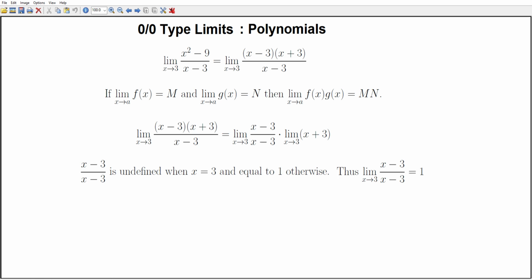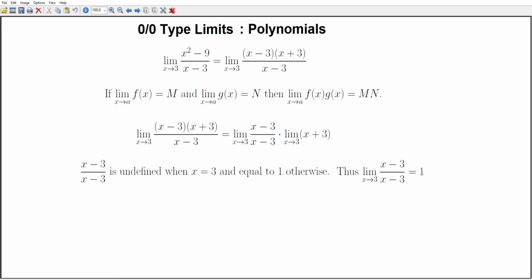The reason this works is that x minus 3 over x minus 3 is undefined when x equals 3, but it's equal to 1 all other times. And when you take a limit as x approaches a, x is not allowed to equal a, which means that x minus 3 over x minus 3 has a limit of 1 as x approaches 3.